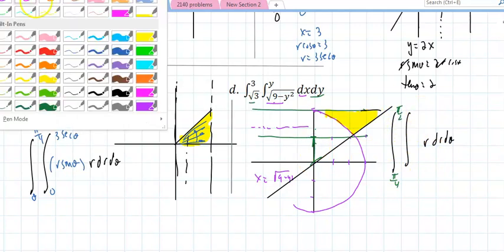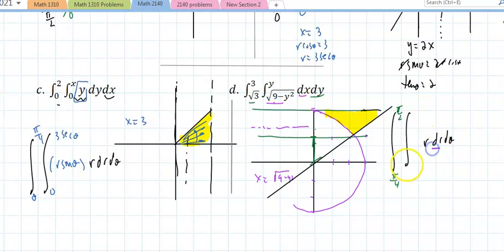And r runs from the circle with a radius of 3, that's simply 3, right? And where does it terminate? It terminates at the line y equal 3.